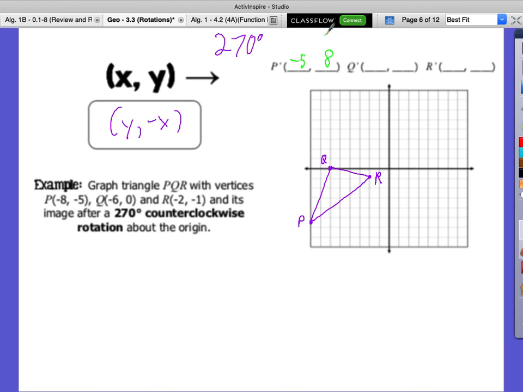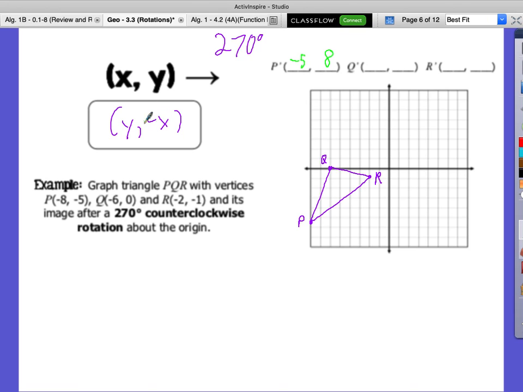So the y stays the same, but it goes to the x spot. The x goes the opposite. It would be negative 5, because if you had negative y, then it's negative. Wait, so the negative 5 is x now? Correct. But x is negative, so why would you keep it?